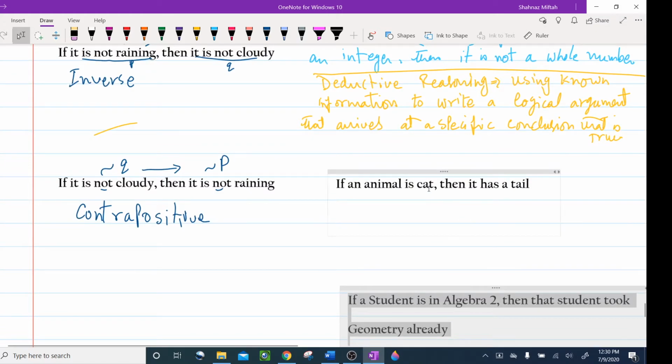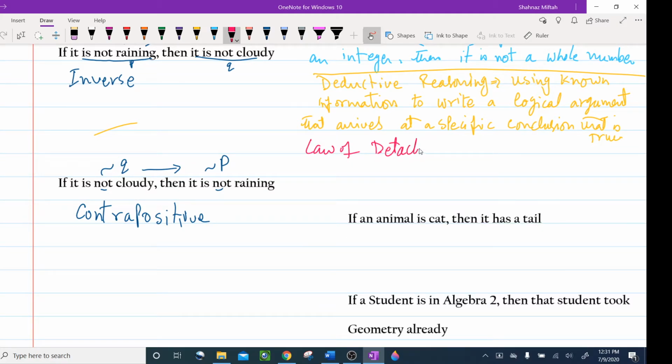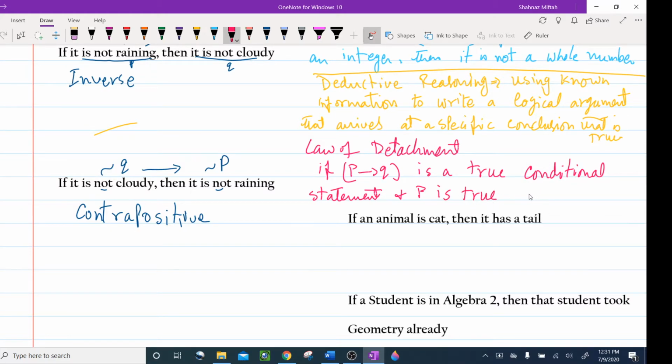So the law of detachment: if P then Q is a true conditional statement, and P, which was the hypothesis, is true, then Q is true. Okay, so if P is true, the hypothesis is true, then Q is true.